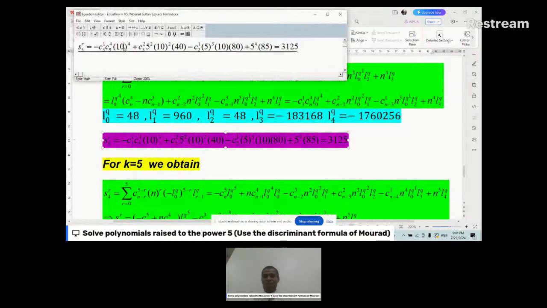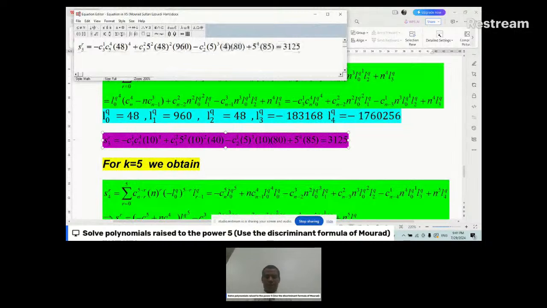Okay, I'll just cover here. This is 48, of course. I'll just write again the value of L k minus 1 of order r times 960, minus this is 48.